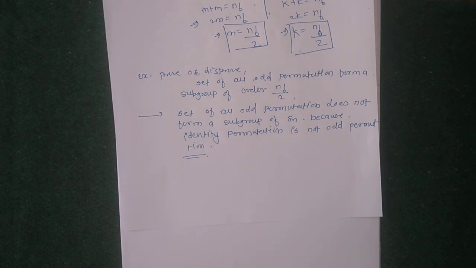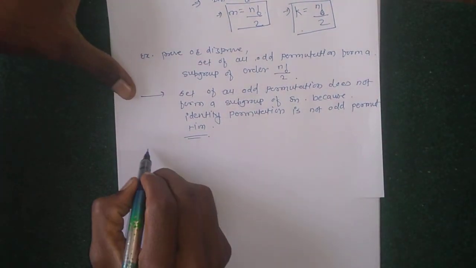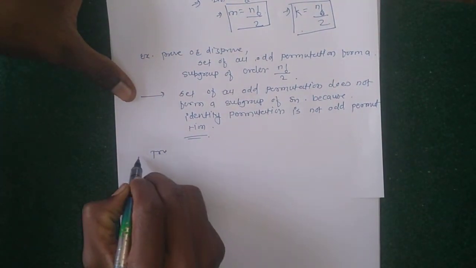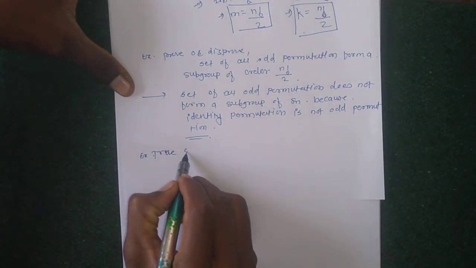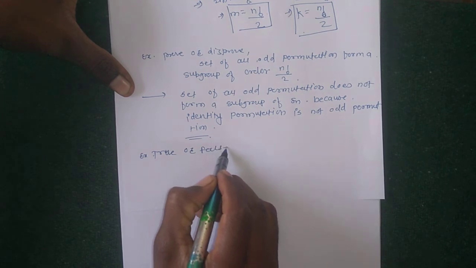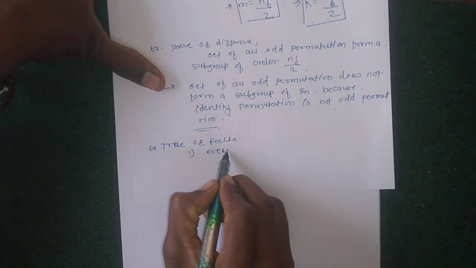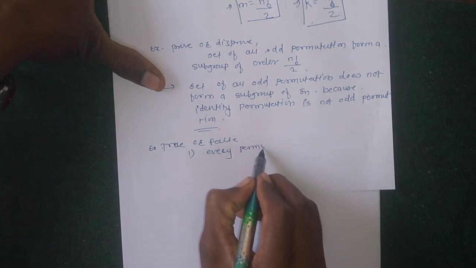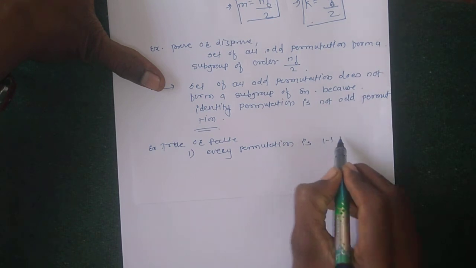Then some true or false questions, some MCQs. First: every permutation is one function.